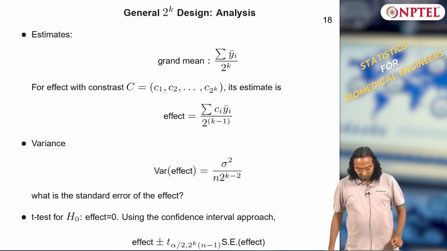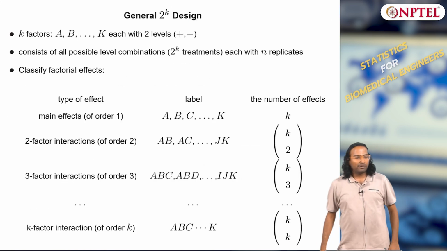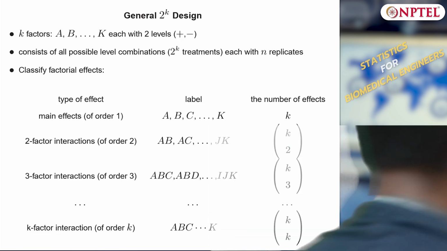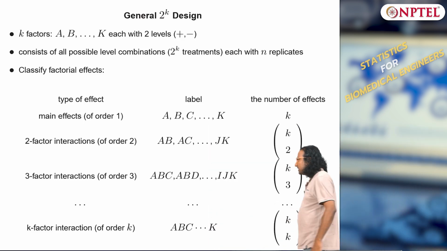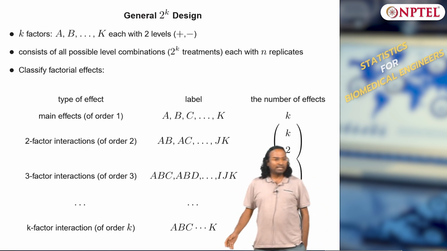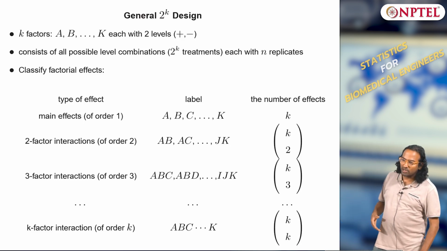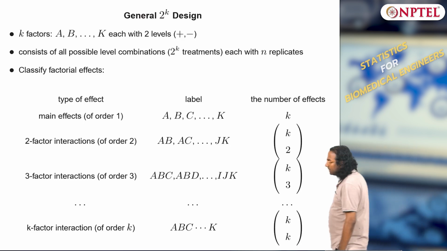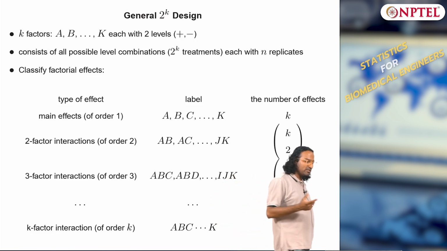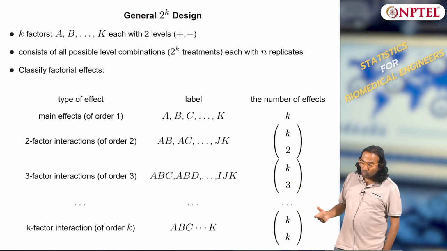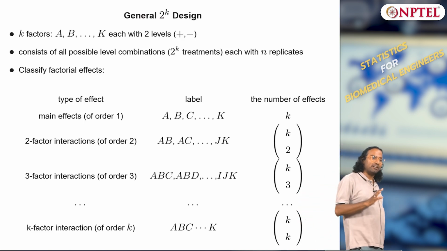And now we slowly move on to what I call the 2^k design. So 2^3 is okay, but usually we go up to multiple factors at 2 levels. So we have in general k factors, each with 2 levels. That is why we call it 2 power k, and the main effects are A to K. So the k main effects, then the second order interactions are kC2, third order interactions are kC3, and the kth order interaction is kCk.